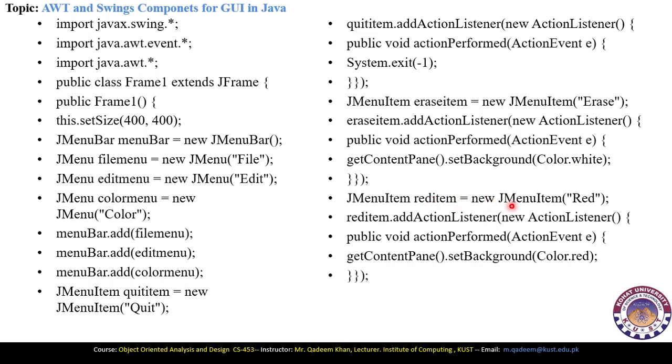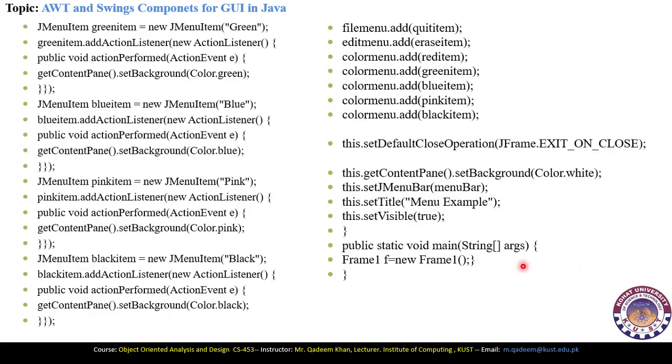Then we have defined another menu item, red, and it will set the red color here. Then we have another green, blue, pink and black colors. So all these menu items define different colors, and they define the colors of the content pane.